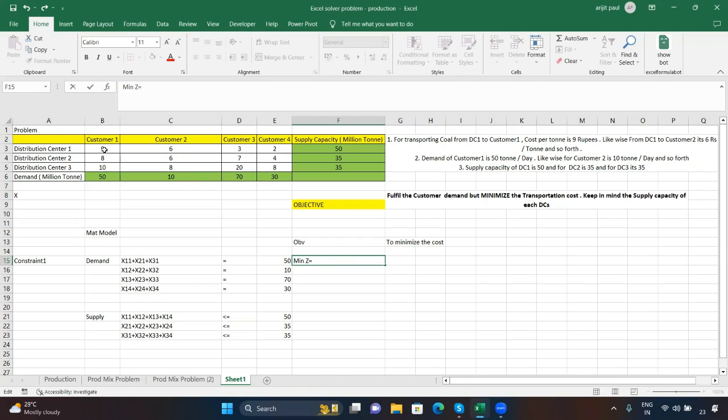What is the cost for this cell? The cost is 9, the transportation cost. Okay, and how are we referring to this cell? We are referring to this cell as x11. So we need to mention here 9x11 plus, what is the cost of this cell? The cost of this cell is 6. We are noting this cell as x12.